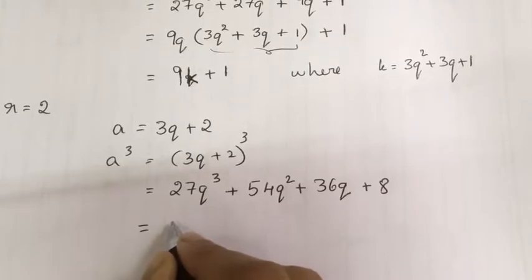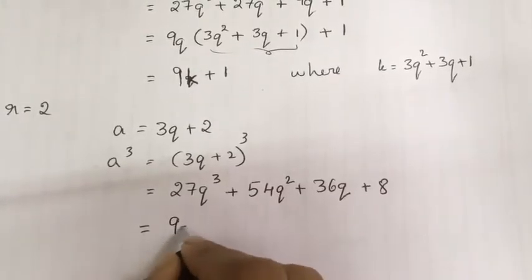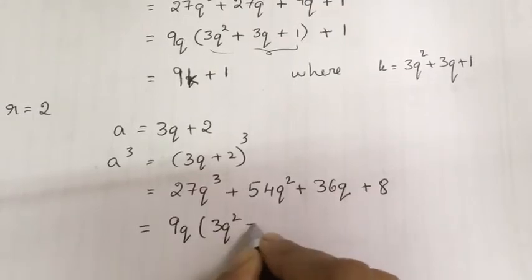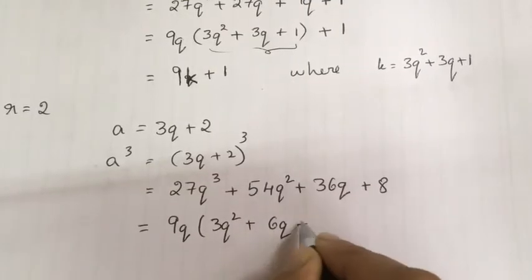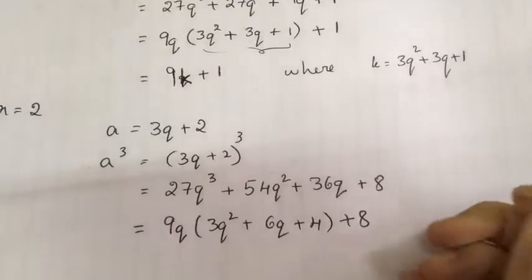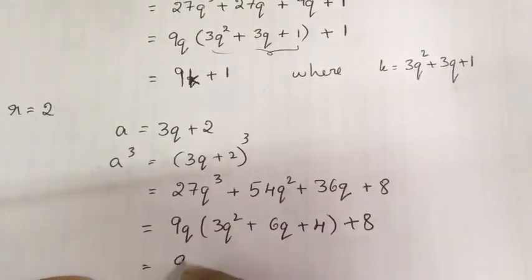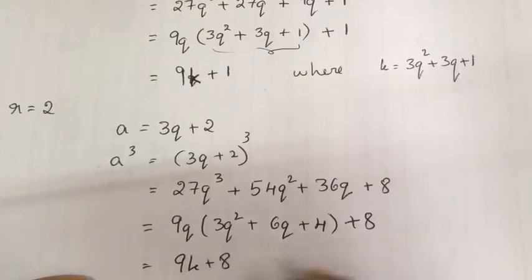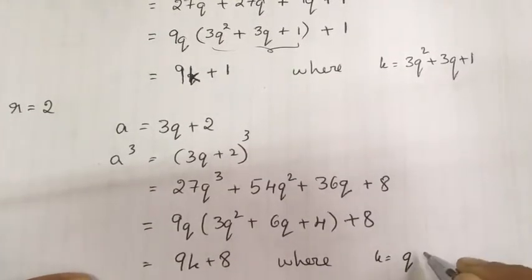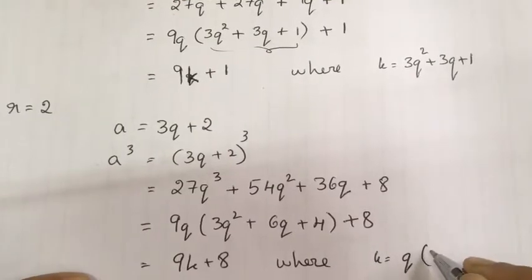I can write 9q outside, so that it is 9q into 3q square plus 6q plus 4, plus 8, which is nothing but 9k plus 8.